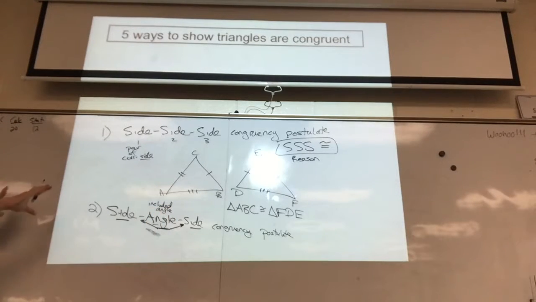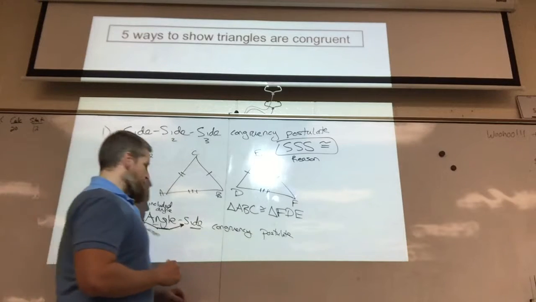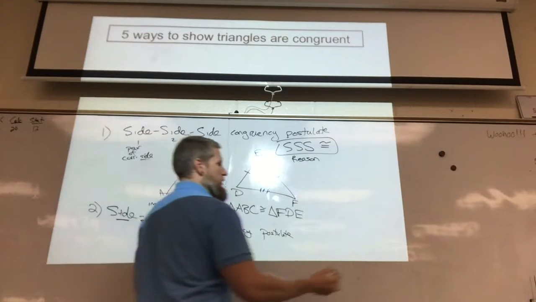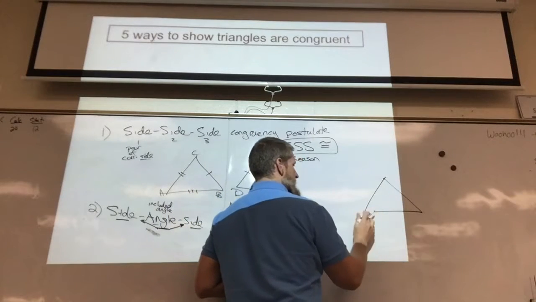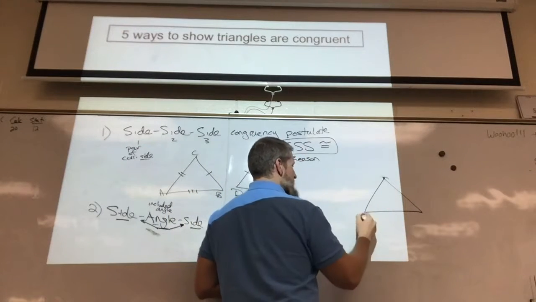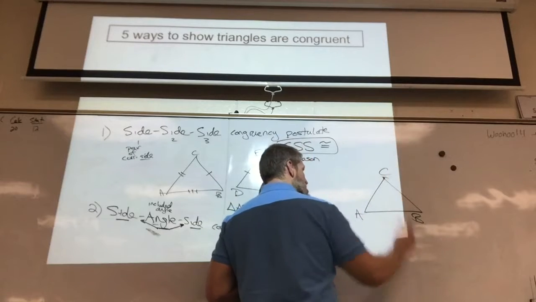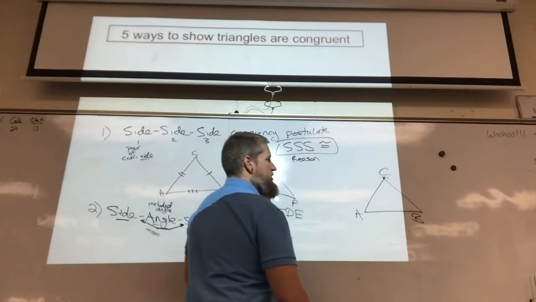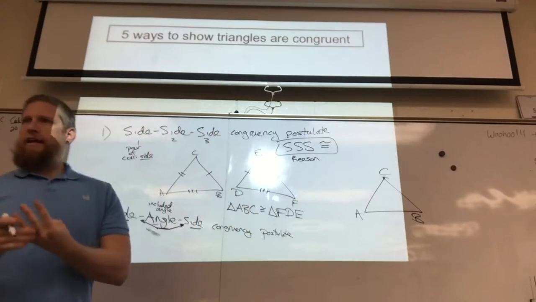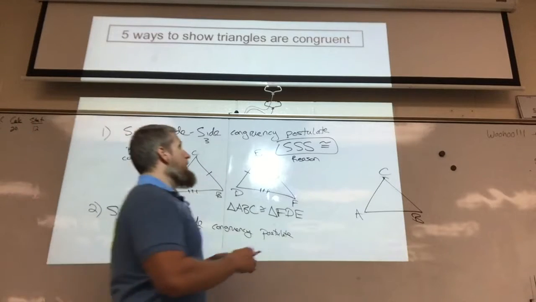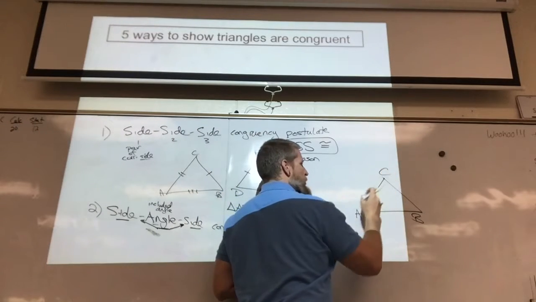Now, side note from that, I'll draw it over here. Give me 3 letters. ABC. Just for example of what an included angle is, okay? Included angle just means it's formed by 2 sides.